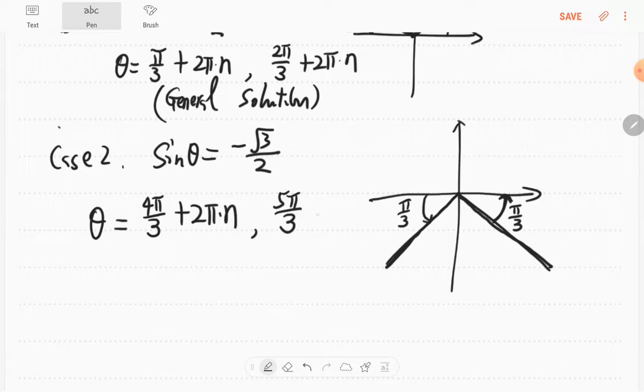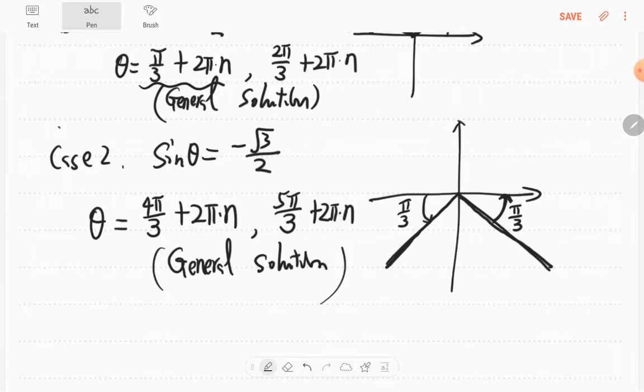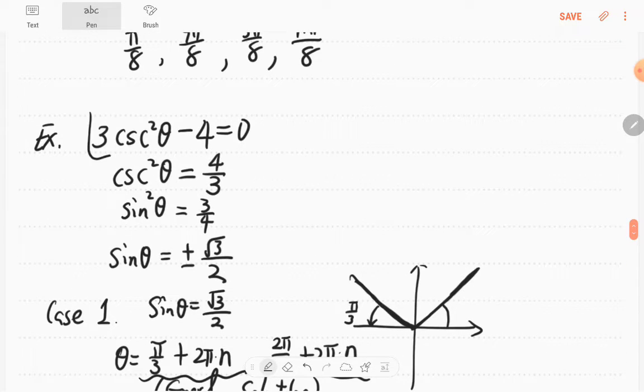So 5 pi over 3 plus 2 pi times n. This is the general solution for the other case. So these 4 formulas include all the solutions for this problem.